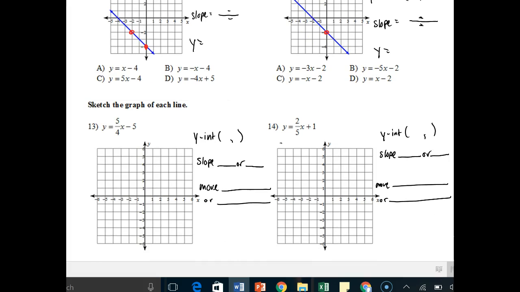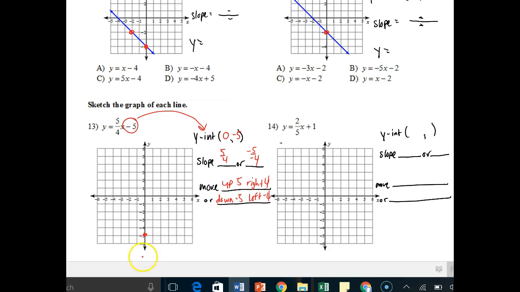All right, so now graphing. Here is your y-intercept. So 0, negative 5. So you start at negative 5. The slope is 5 over 4 or negative 5 over negative 4. So that means I can move up 5, right 4, or down negative 5, left negative 4, right?